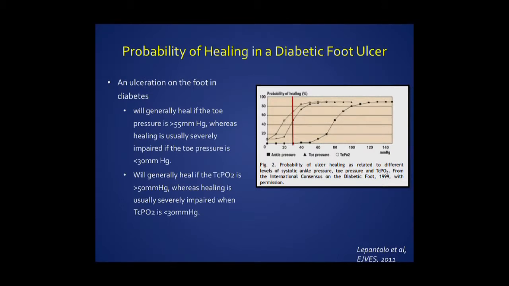And this is the classical graph in terms of healing, and you can see that with toe pressures or TcPO2 less than 30, your chance of healing is going to be much lower, around 50%.